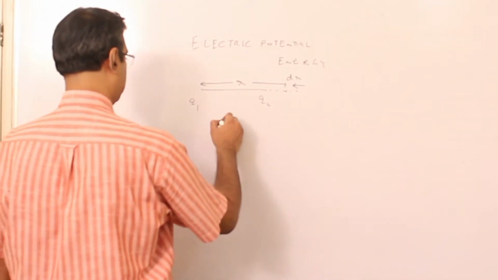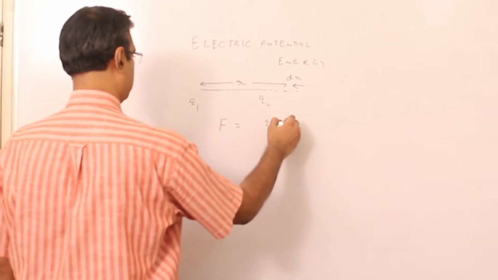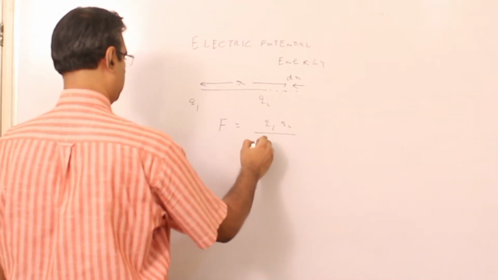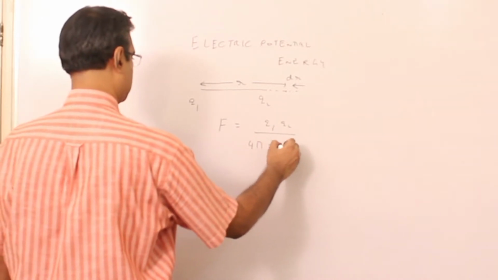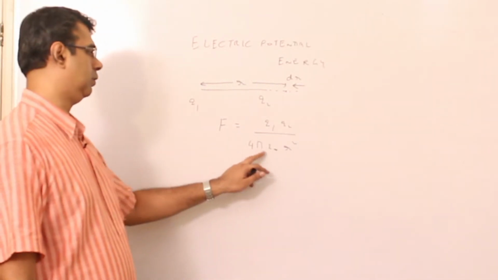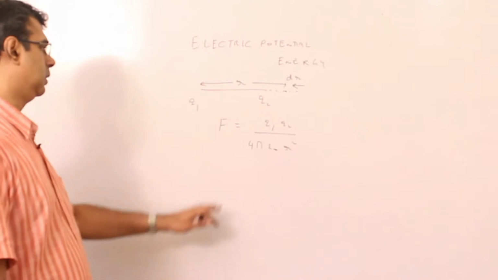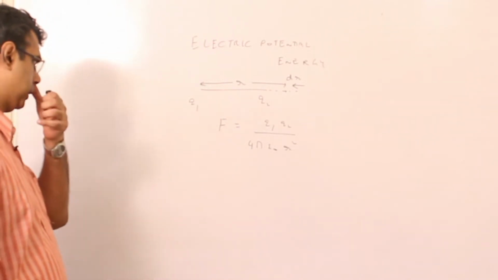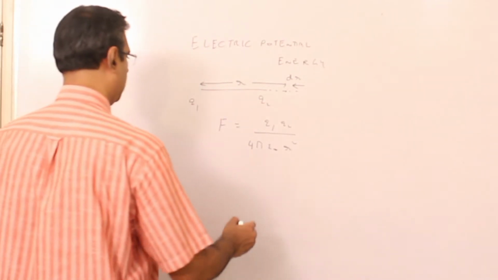Now in this particular diagram, the force between the two charges will be F is equal to Q1 Q2 by 4 pi epsilon naught r square. This will be the force between the two charges as per this diagram.